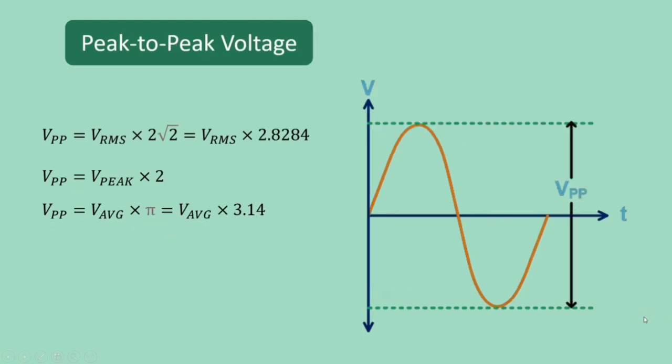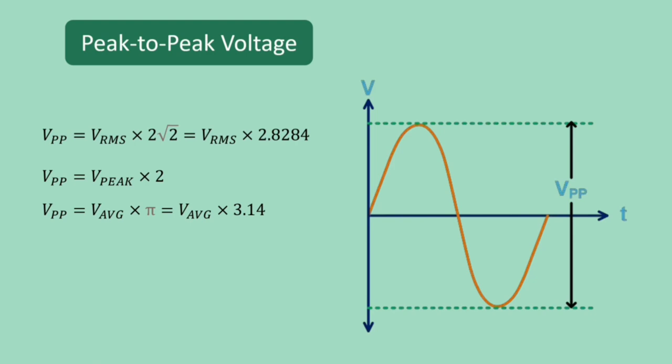And now peak-to-peak voltage. Peak-to-peak voltage is the difference between positive peak voltage and negative peak voltage. For a sinusoidal waveform, peak-to-peak voltage is shown in the figure below. So we said that RMS voltage is equal to peak voltage divided by square root of 2. And we know that peak-to-peak is twice as big as peak voltage.